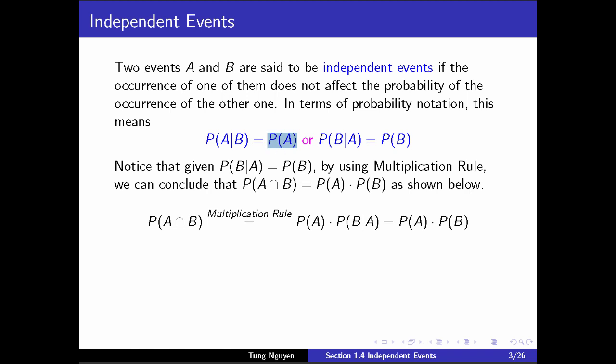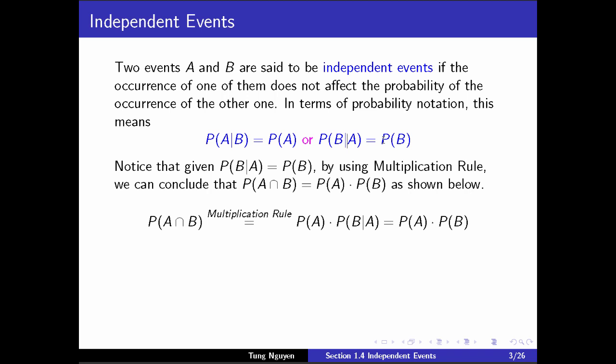Or we can also say probability of B given A already occurred is the same as probability of B, which means knowing A already occurred does not affect the probability of B occurring.